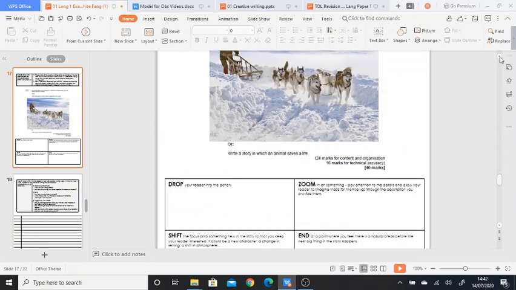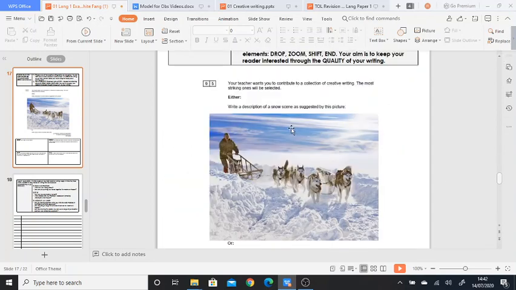Okay, so if we think about this description here, you really need to think about a number of things. So what I would do is look at a number of things in this image that I would find interesting to describe. What stands out to me is the snow. You might describe the coldness of the snow, the brilliant whiteness of the snow.